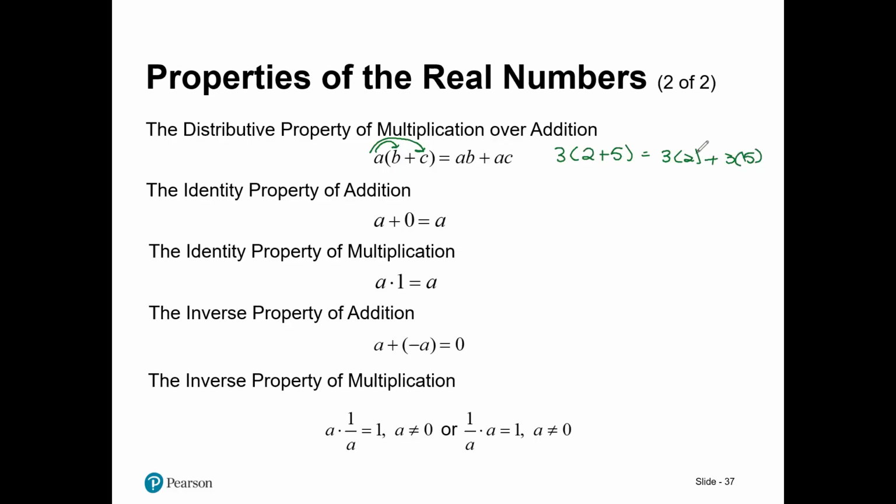Sorry, it's catching weird right now. So this would just be, like I said, 3 times 7, so this would be 21. This is saying that I have 6 plus 15, which is 21. Sorry, I'm having a lag problem right now.